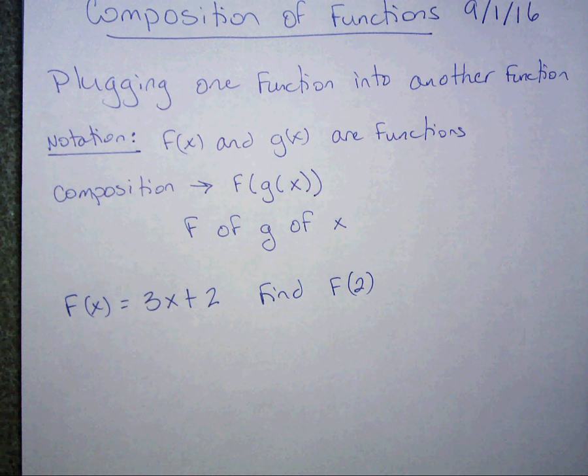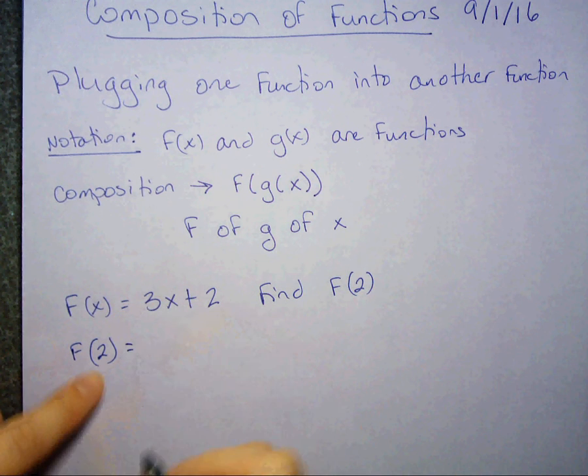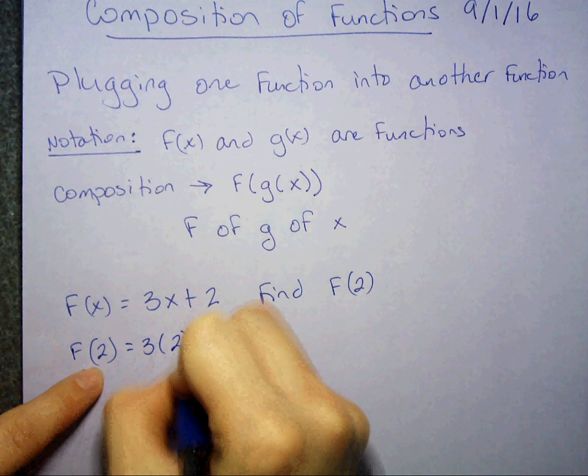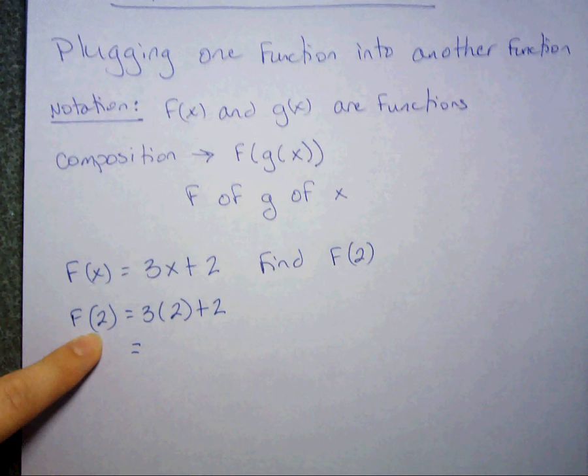I stuck a 2 in those parentheses. 2 is in the place of what? x, right? And so what do you know to do with that 2? Plug it in. I would take the 2 and put it in x's spot. And then I can figure out what that is. 3 times 2 is 6, plus 2 gives me 8.